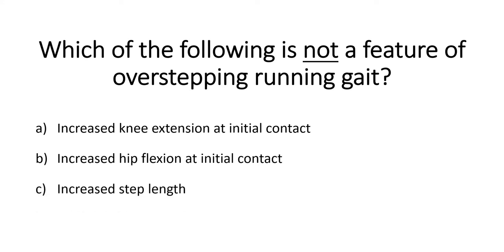C, increased step length? D, increased cadence? So 3 of those are associated with the overstepping gait we see when people run. 1 of them isn't. Which one is it? Okay, moving on.